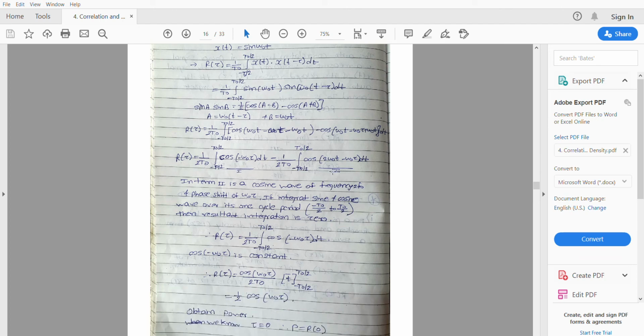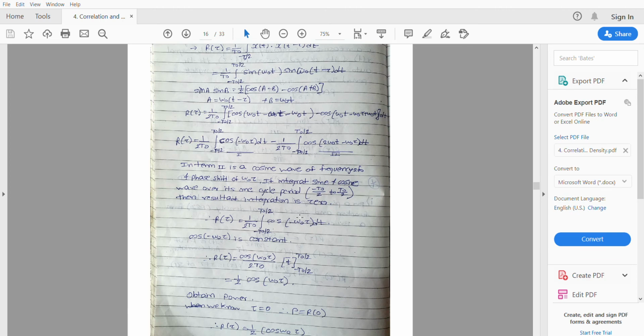Term 2 is a cosine wave of frequency f0. If we integrate a sine or cosine wave over its one cycle, the result of the integration is 0.